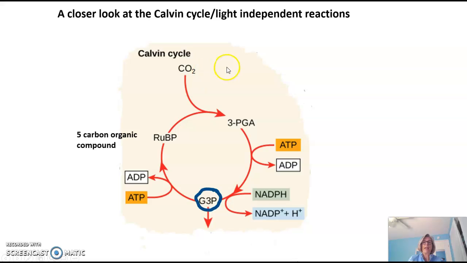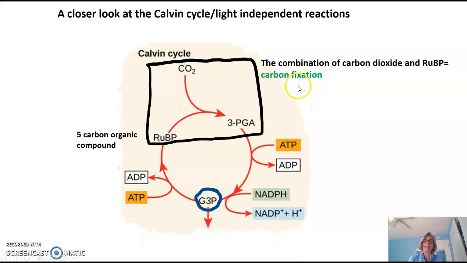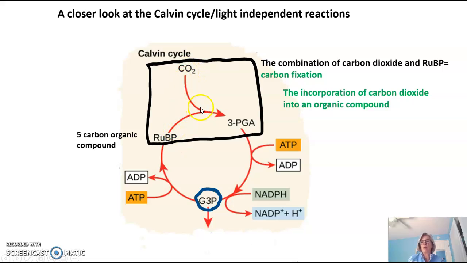Ribulose bisphosphate and carbon dioxide come together in a chemical reaction, and the combination of carbon dioxide and RuBP is called carbon fixation. Carbon fixation is the incorporation of carbon dioxide into an organic compound. When carbon dioxide joins RuBP, it has joined an organic carbon and it becomes an organic carbon.